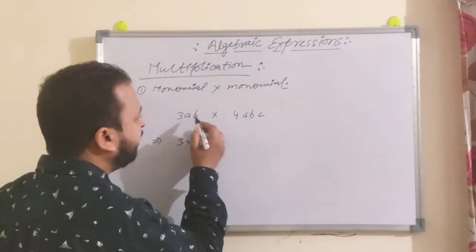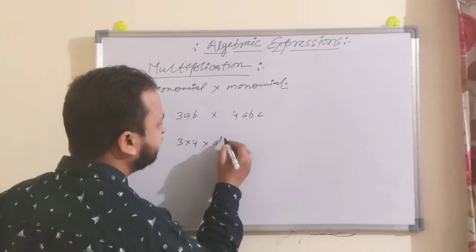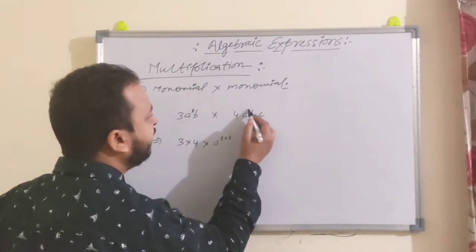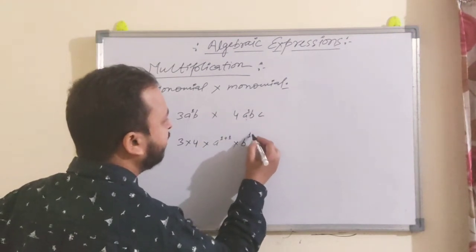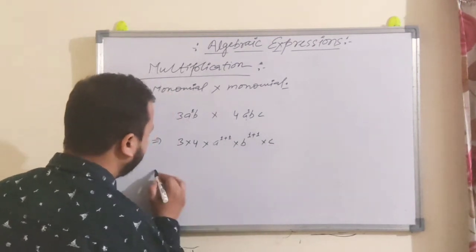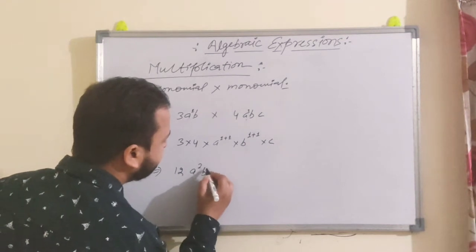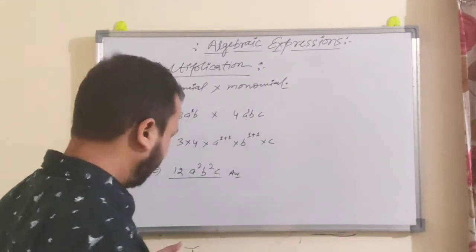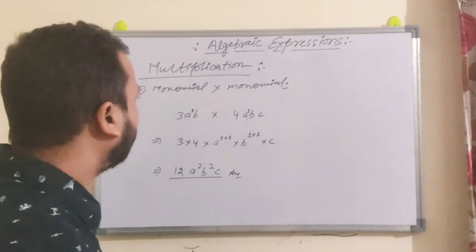So here a into a, so a power 1 plus a power 1, because here the power of a is 1. Into b, here also b power 1 plus 1, and c is alone, so c. So you will get the answer 3 fours are 12, a square b square c. This is your answer. So this way you have to take the product of monomials.